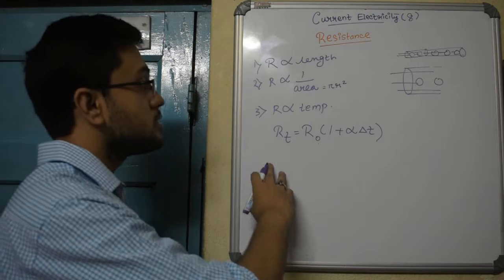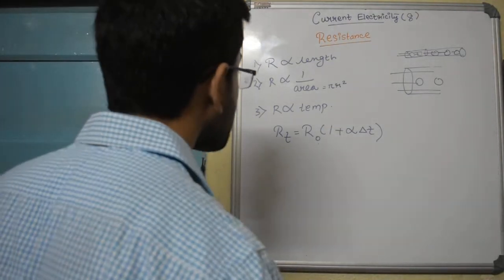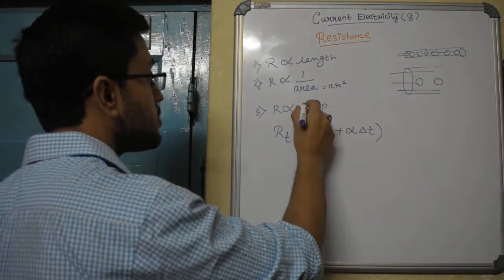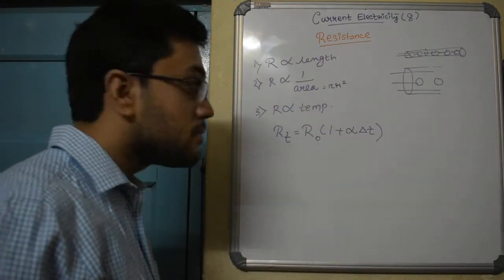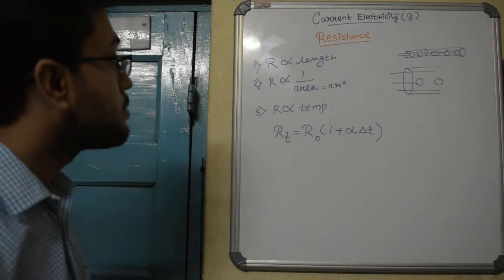So this is how resistance varies with temperature for conductors, and resistance is directly proportional to temperature. As the temperature increases, the resistance also increases. This is what happens in conductors.